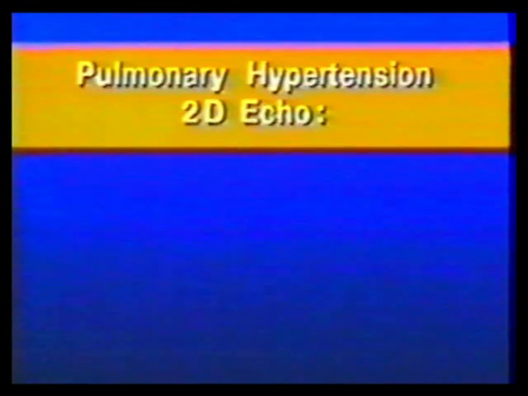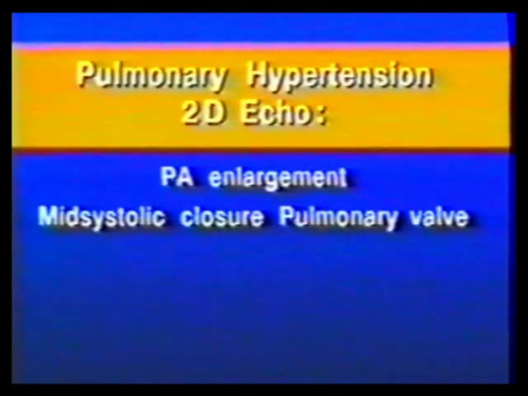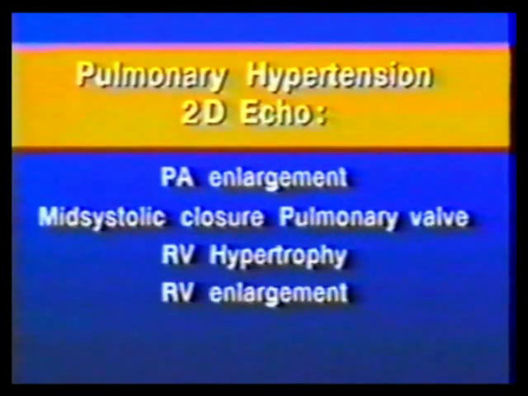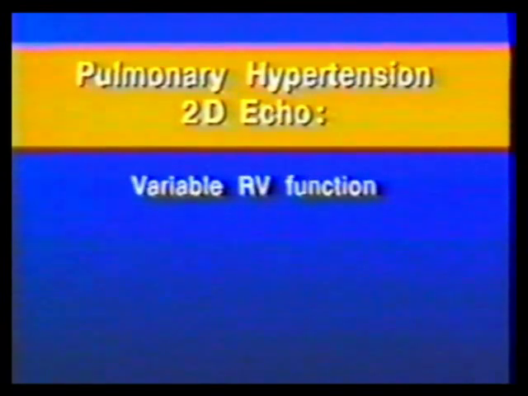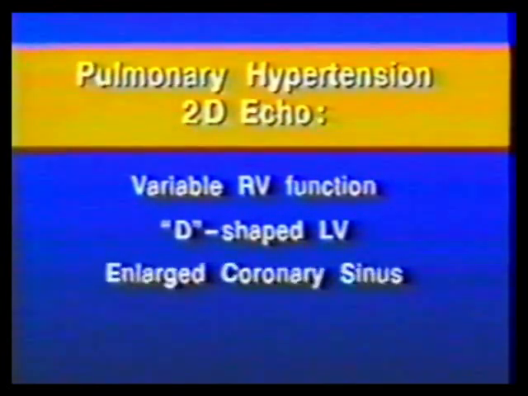Changes in cardiovascular morphology and function secondary to pulmonary hypertension include enlargement of the pulmonary artery, mid-systolic notching of the pulmonary valve motion, right ventricular hypertrophy, and right ventricular enlargement, variable reduction in right ventricular systolic function, a D shape to the left ventricle, and signs of right atrial pressure overload, such as enlargement of the coronary sinus.